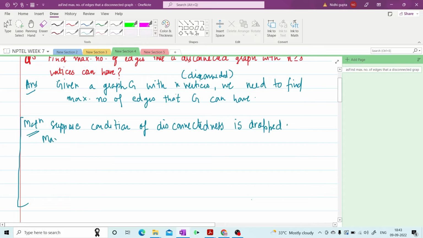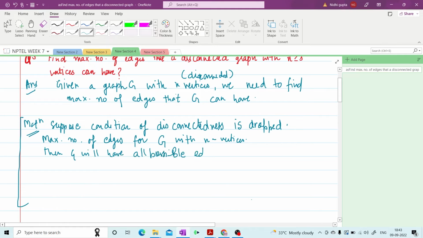That is, the maximum number of edges for G if we have no conditions on G. Then G will have all possible edges.